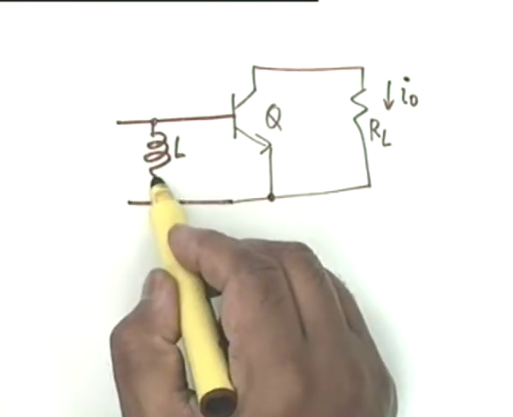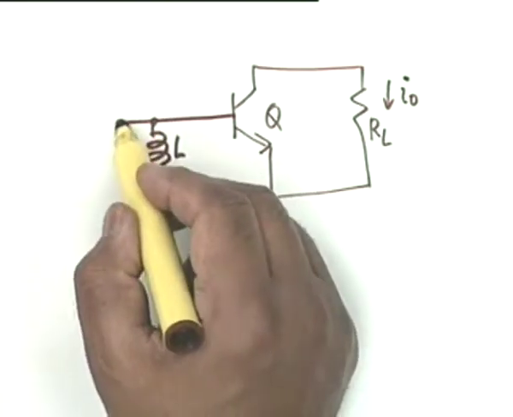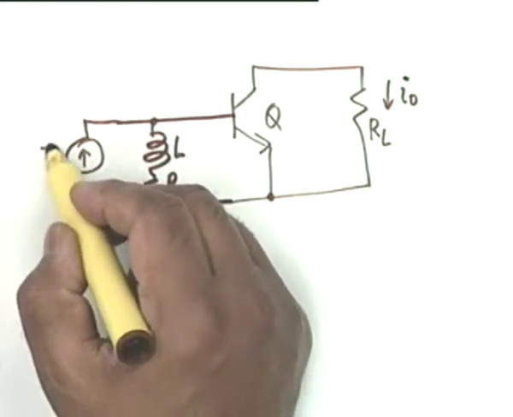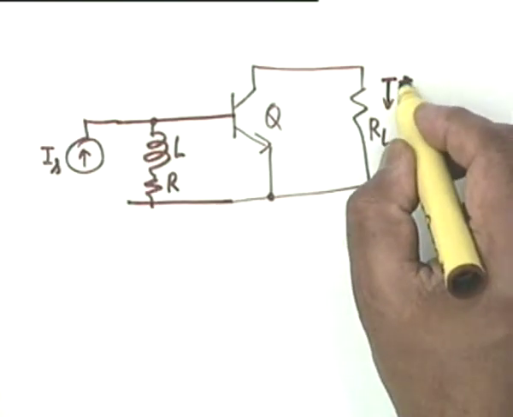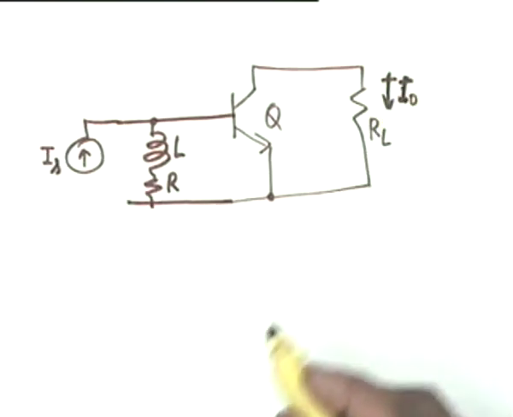An inductor cannot be made without a resistance, and therefore LR, and let us say it is a current source drive. Okay.